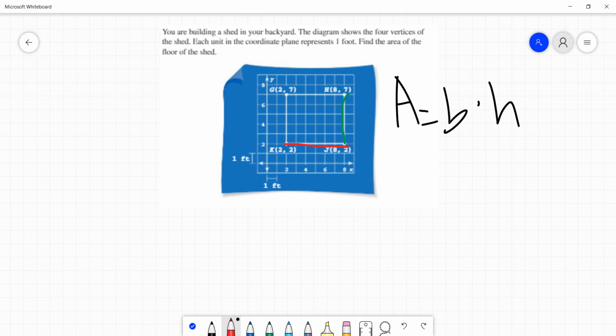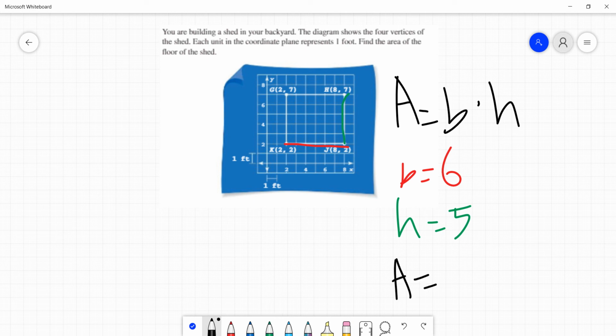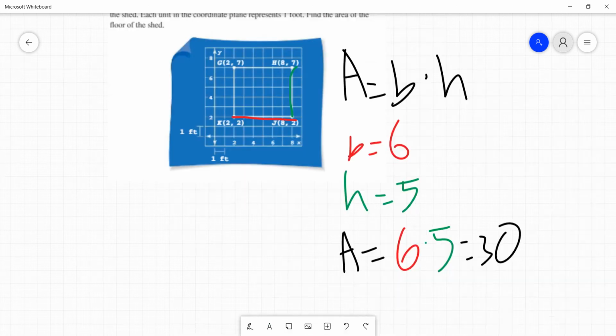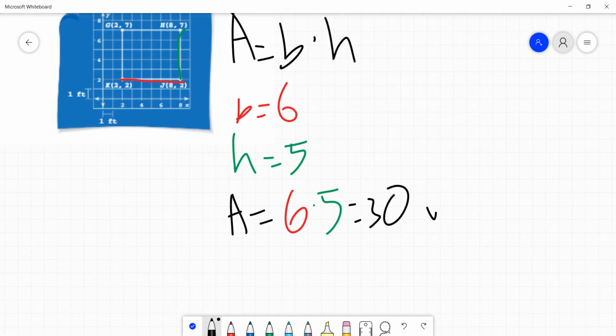So, base is 6. And then height, just by counting the amount of units, it's 5 units. So then I have my area is equal to 6 times 5. And that should equal 30. And so my area is 30 units.